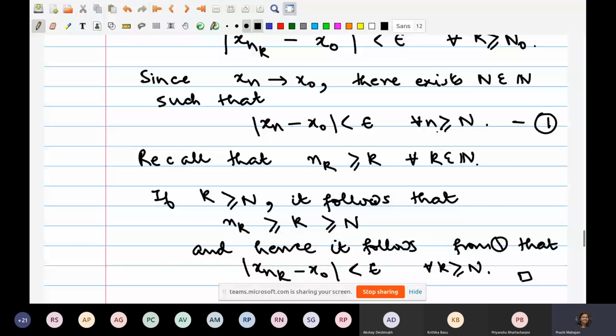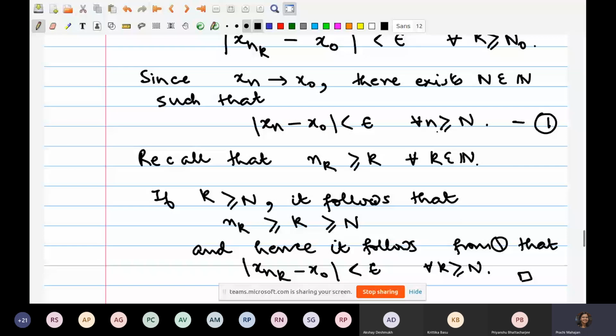All right. So what is it that we have proved? Every subsequence of a convergent sequence of real numbers converges, and converges to the same limit, right?